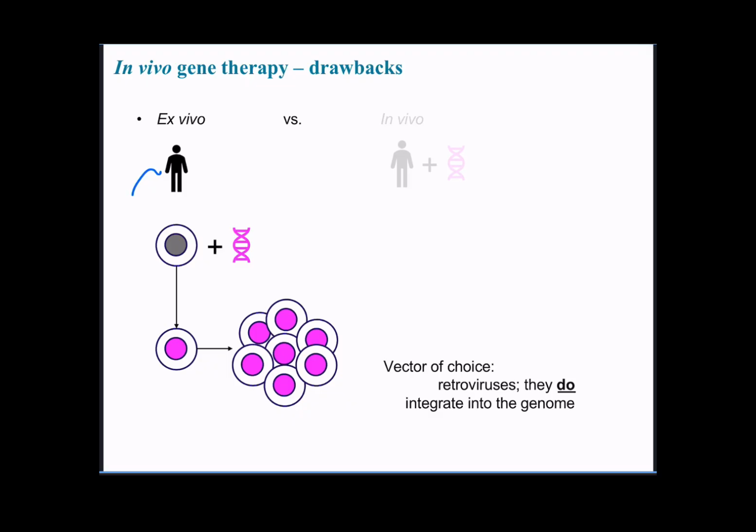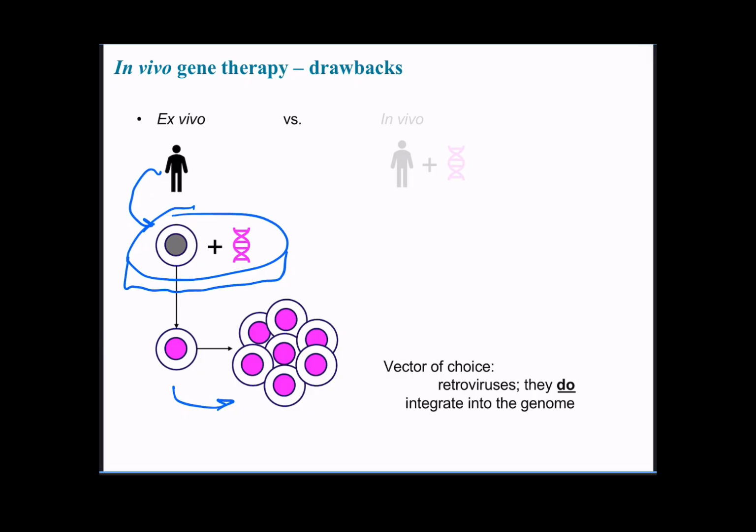So what you do is you take out some of those cells from the patient, and you modify them genetically outside of the person in a cell culture dish, if you will, or a test tube. And then once you have obtained genetically modified cells from the patient, you amplify them, once again in vitro, outside of the body, and then you re-inject or reintroduce them as soon as you have enough of them. And now these genetically modified cells will do whatever they were not doing before.